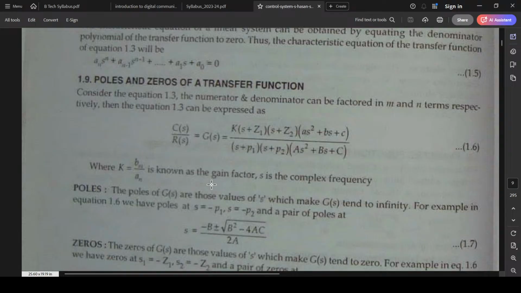Similarly, (s plus p1)(s plus p2), and capital A square, capital B, capital C. The K is b_m upon a_n, there is no minus for this. Sorry. K is b_m upon a_n, known as gain factor. So if there is a question that asks what is the gain factor, you have to just find it out, as with the complex frequency.